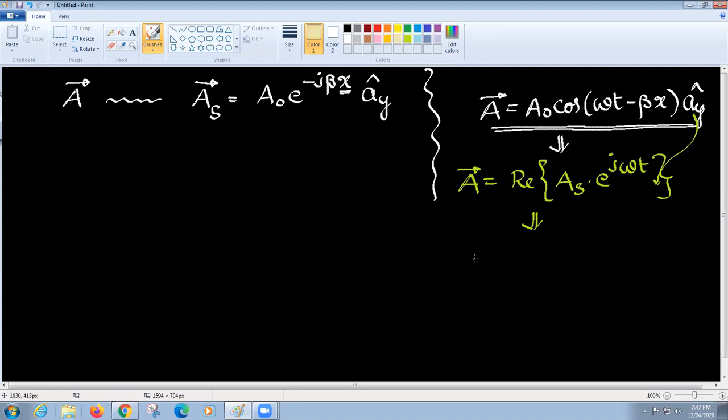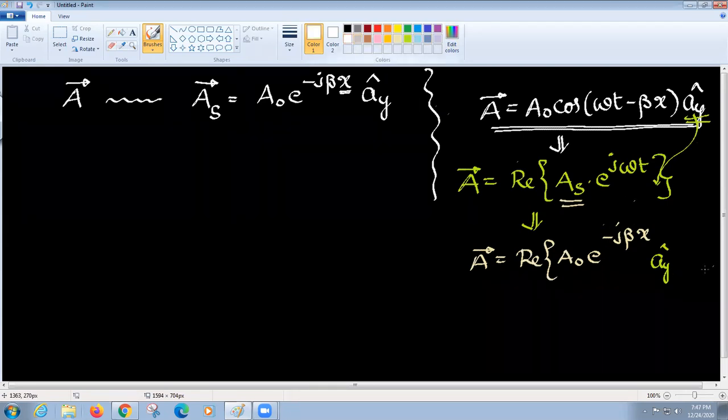So I'll make my final stuff like this: A is equal to the real part of, I'm writing the same thing, I'm just using my phasor stuff instead of A_s, and of course you have the a y roof, and you have the e power j omega t factor again. So the real part of this is of course this guy.